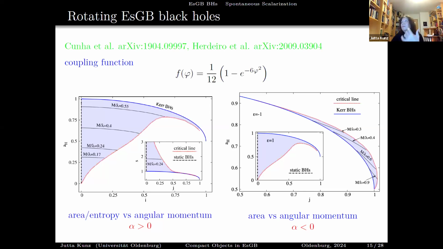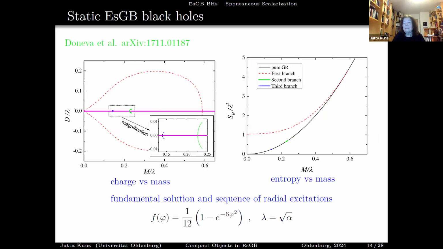But what has also been done is not only to look at the massless case, and you can also get this behavior. It has to bend inside, so your solution should exist on the branch for smaller masses, so the branches should not bend outside to larger masses, but towards the interior to smaller masses.